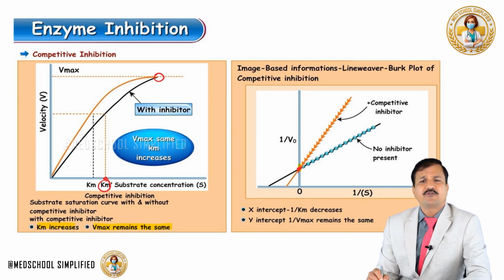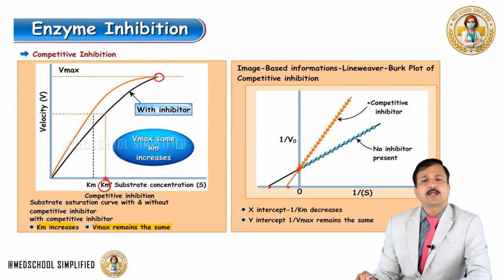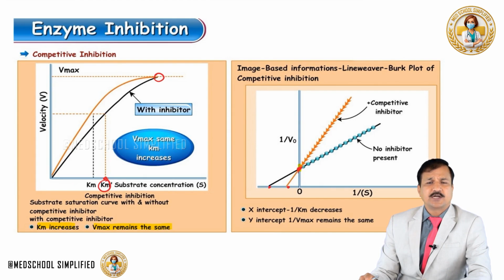That 1 over Vmax remains the same in the presence of a competitive inhibitor. But look at the x-axis intercept. The point where the line meets the x-axis in the presence of a competitive inhibitor is nearer to 0 compared to where it meets the x-axis in the absence of inhibitor. That means the intercept, 1 over substrate concentration on the x-axis, is going towards 0.